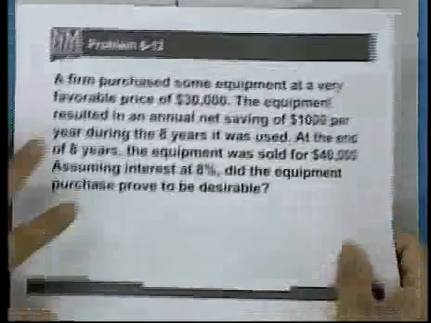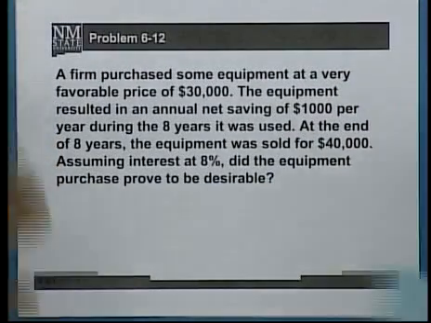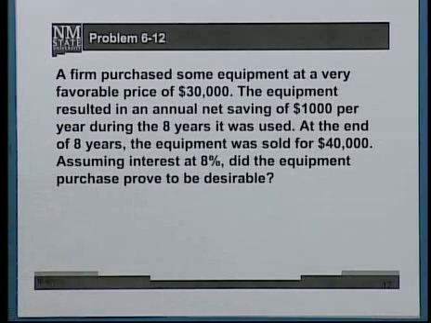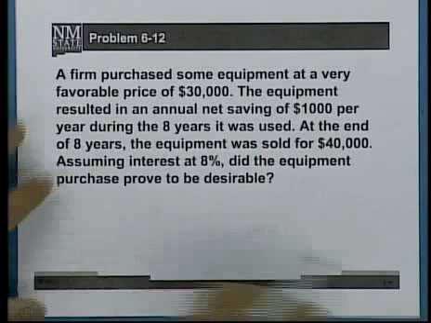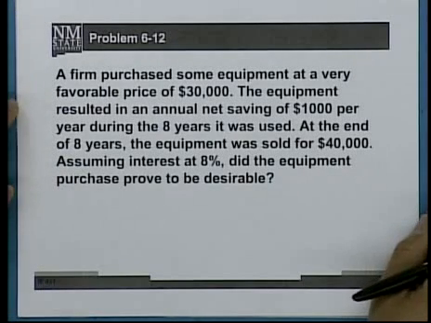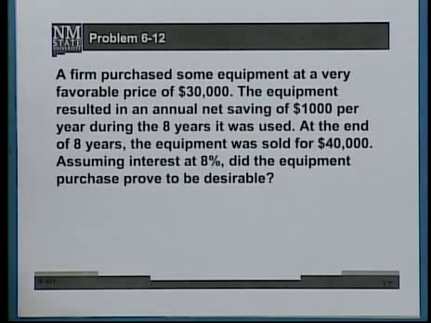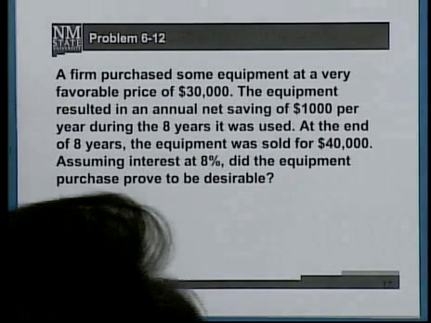Okay, next, let's solve problem 6-12. A firm purchased some equipment at a very favorable price of $30,000. The equipment resulted in an annual net saving of $1,000 per year during the 8 years it was used.